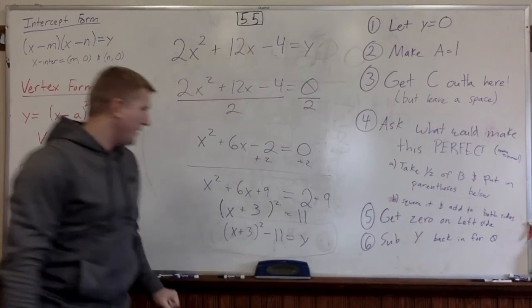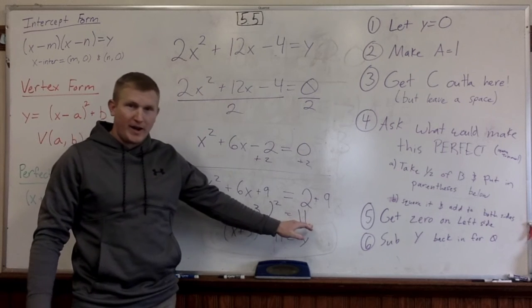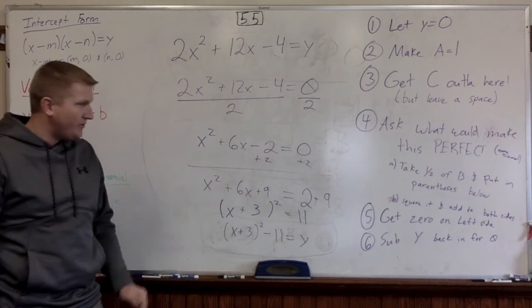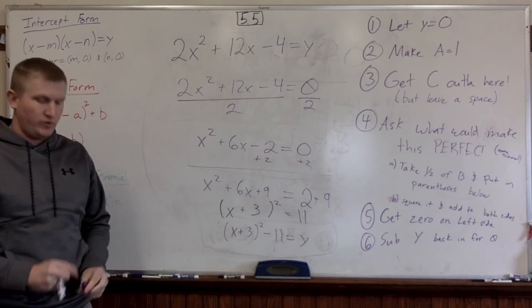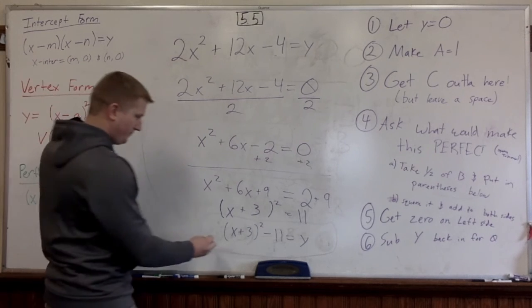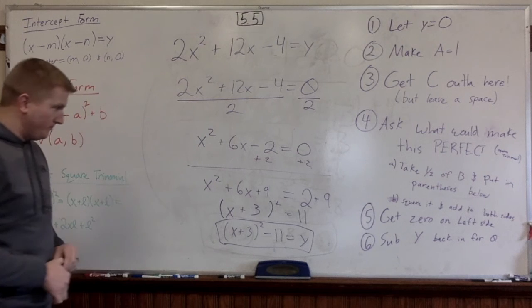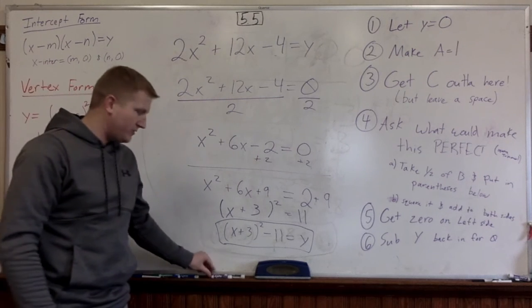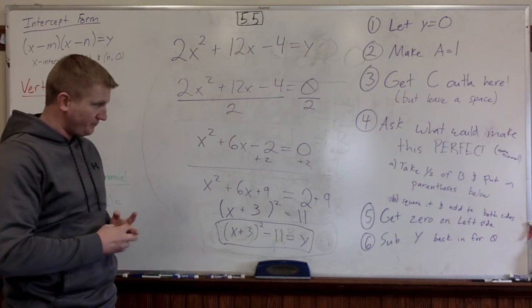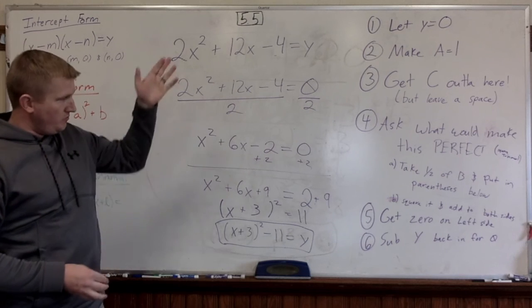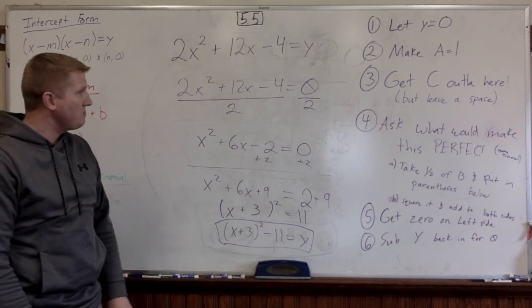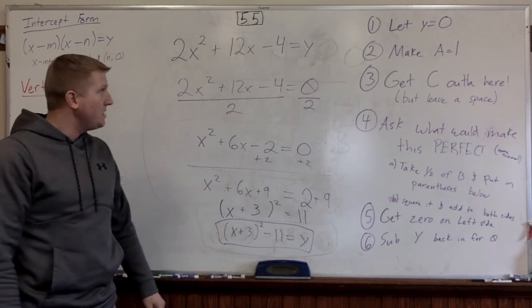Then substitute y back in for the 0, and we're done. We now have the same quadratic in vertex form using this process called completing the square. So, 6 steps, not so bad.